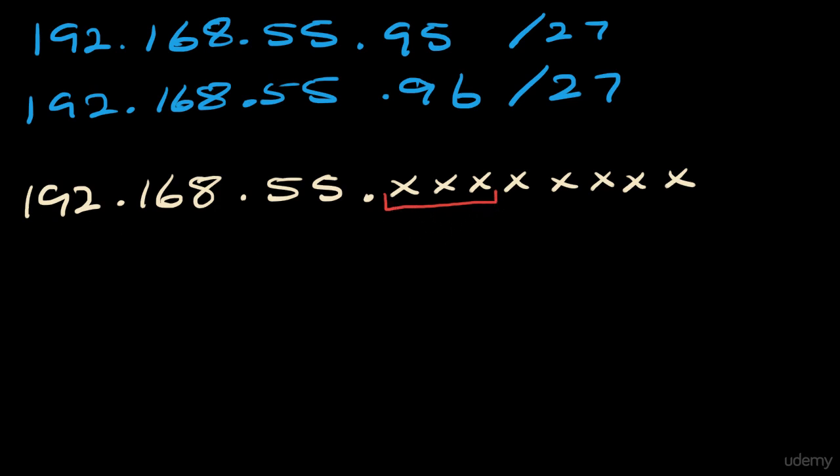These are therefore our subnet bits. What is the value of this bit? This is the subnet bit with the lowest value, and the value here is 32. So 32 is the increment value.